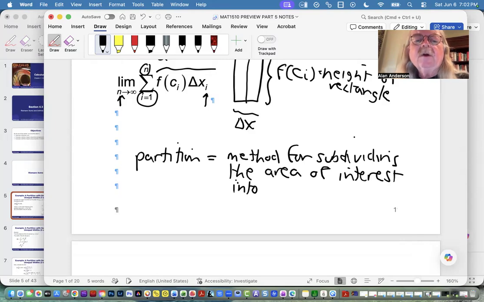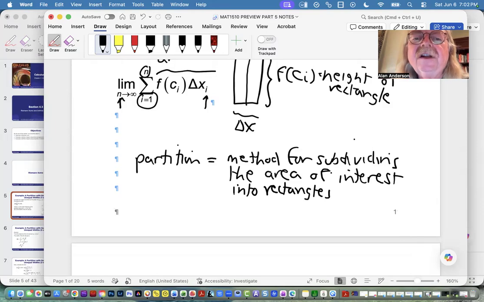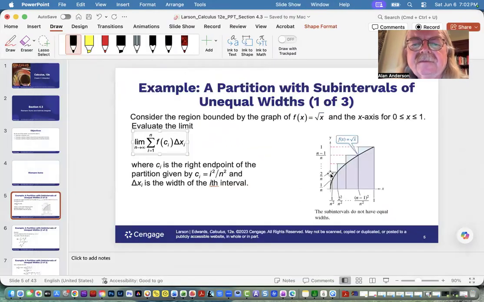The word partition could apply to anything, but we're taking some area and breaking it up into pieces. That's essentially what we're doing. So we're dividing the area of interest into rectangles, and we can do this in many different ways. Each time we choose a different number of rectangles, we're going to have a different partition. Okay, so the partition refers to the way we've subdivided that area under the curve into rectangles.